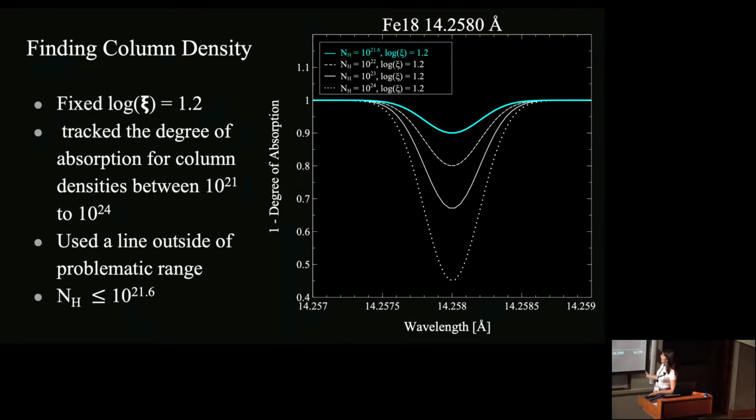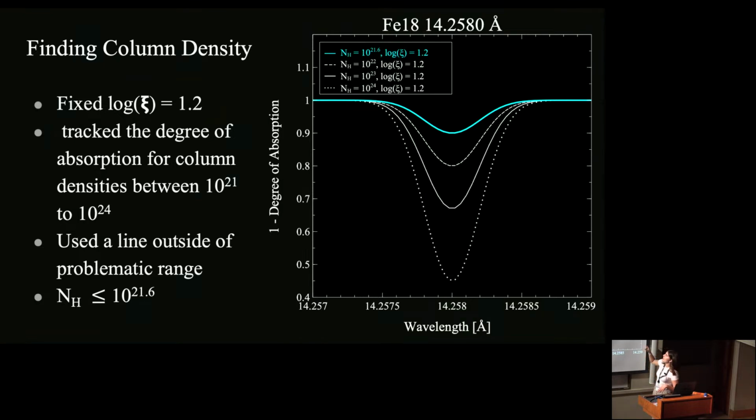In this image, I am showing wavelength and 1 minus that degree of absorption. Once again, we're looking specifically at iron 18, and we ran the simulation using Cloudy with different values for that column density. If we have something like 10 to the 21, we're able to recreate that 0.1 absorption feature shown here in blue.